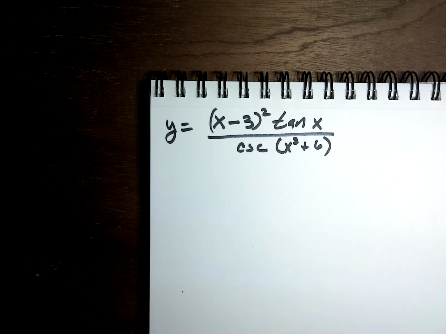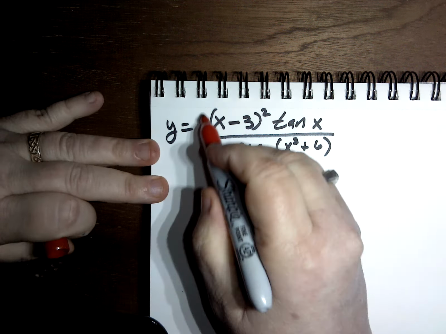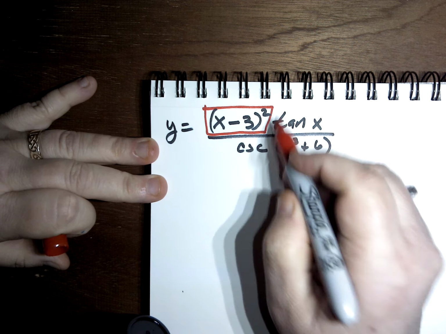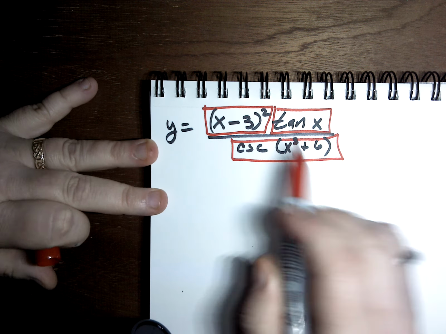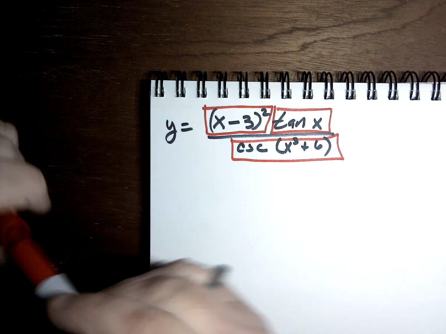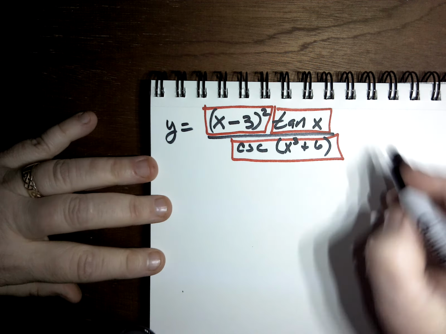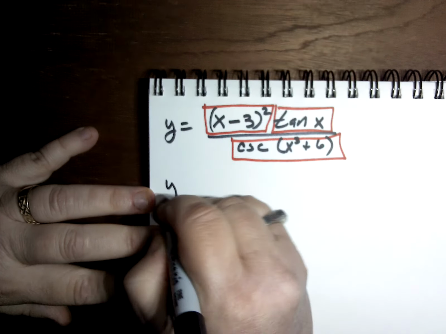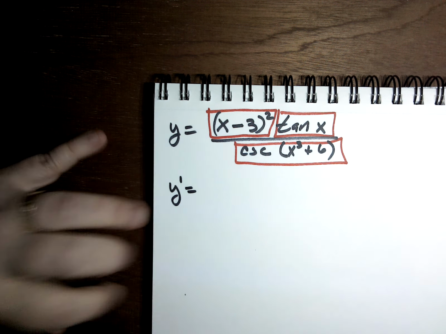Notice I have three things going on here, three different functions. I've got this guy and this one and this one. So we've got multiplication and division. So the first thing I do, since the big fraction bar is there, is I'm going to think of this as a quotient rule. So I'm going to do bottom times the derivative of the top minus the top times the derivative of the bottom.